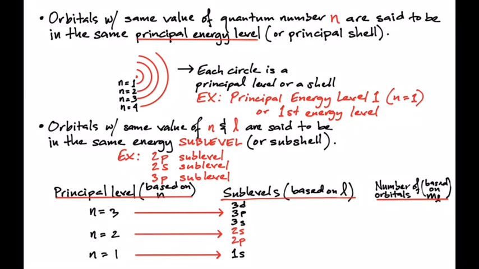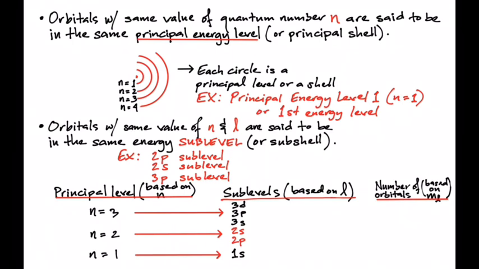How many orbitals exist in each energy sublevel? Well, that will depend on the value of m sub L, the magnetic quantum number. So for 3D, for example, the L value is 2. For L equals 2, you have the D sublevel.